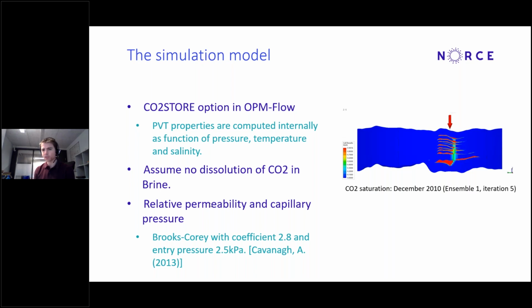You can see here a snapshot of, I think, the end of the simulations for one of the ensemble members after 5 iterations. This shows the CO2 saturation, how the CO2 migrates upwards in the chimneys and distributes in the permeable layers. Okay, next.